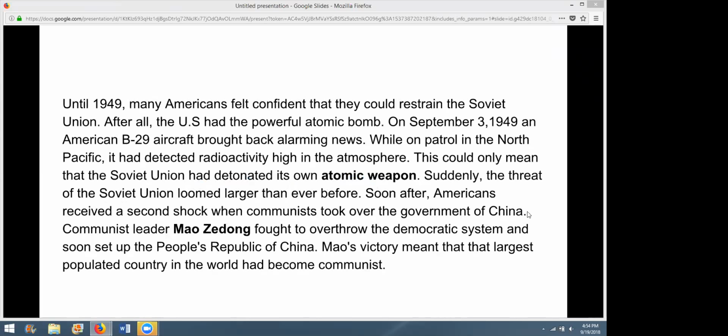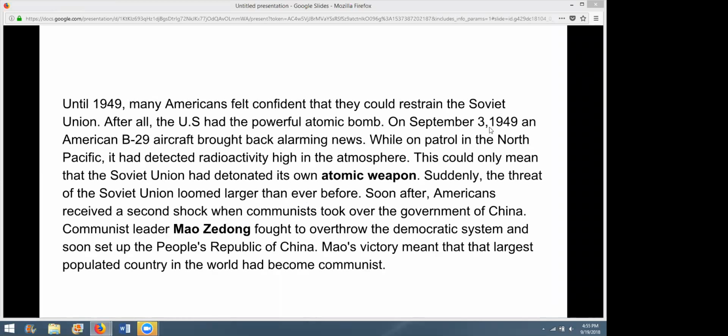Next, China, the next biggest country in the world, fell to communism. And we know in lesson 1.2 how the United States felt about communism. They didn't really like it too much, right? Because communism is not good, according to most Americans back in the 1940s. So 1949.